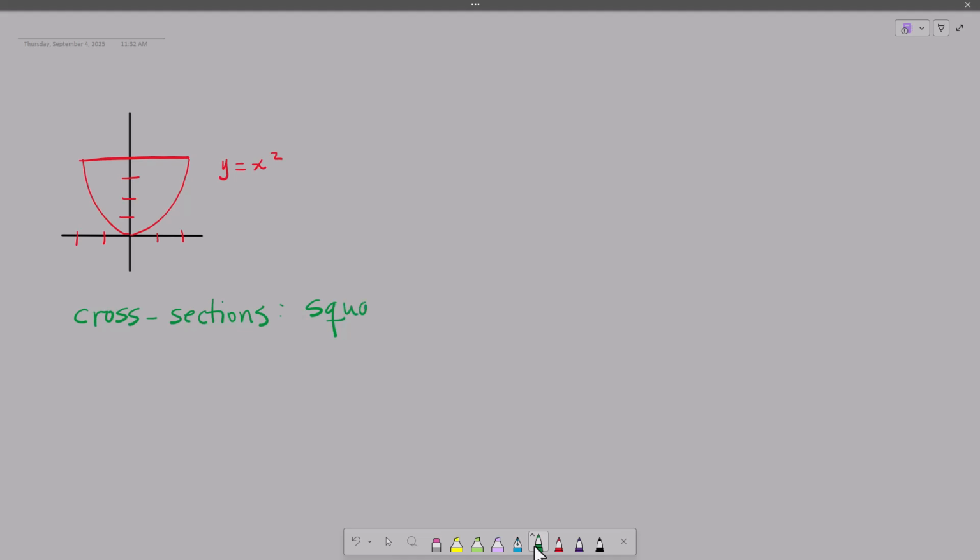So let's just say squares, perpendicular. They love to go perpendicular. Let's go perpendicular to the x-axis. So what we're visualizing then is drawing a vertical element at a random x.